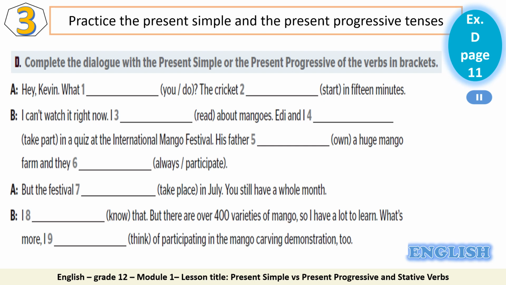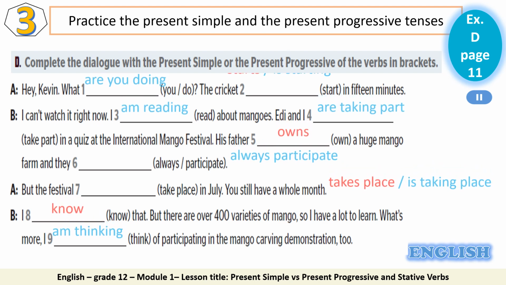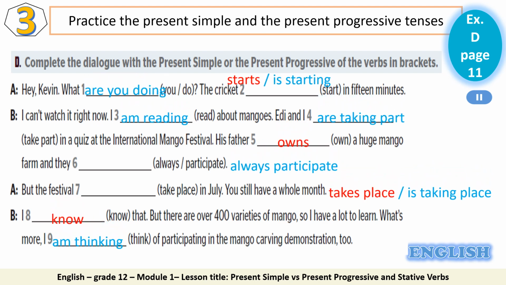You're done, right? Let me then display the answers for the first part of the dialogue. Check for yourselves. How are your answers so far? All correct, right? I really hope so.